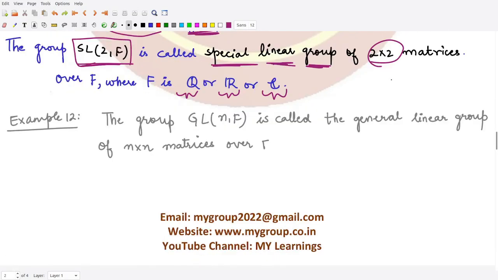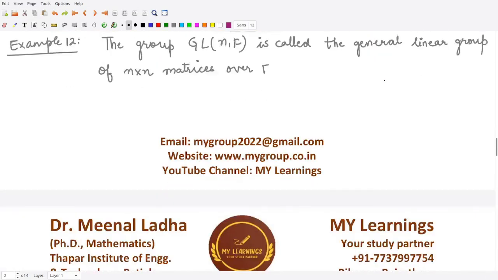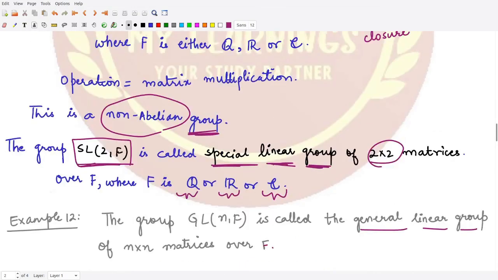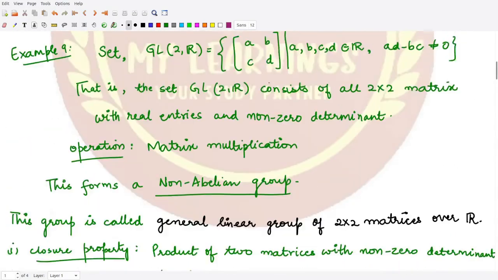Moving further on to the next example, the group GLN comma F, that is the general linear group of all n cross n matrices over F. So basically we are generalizing the group that we have defined here. It was a group which contained all the 2 cross 2 matrices having non-zero determinant, right?